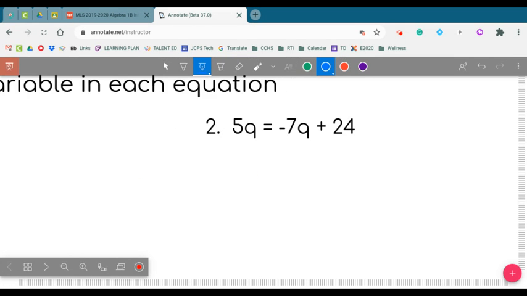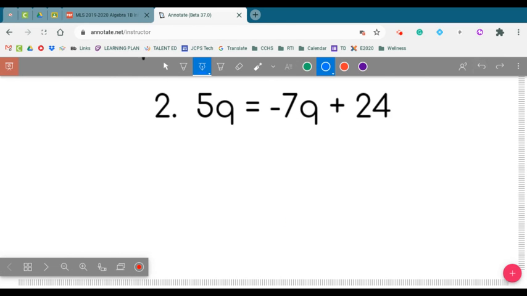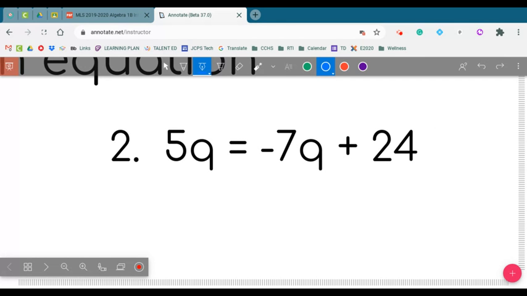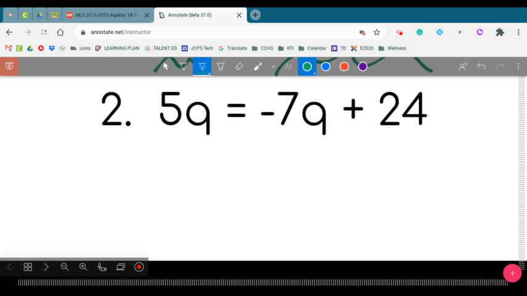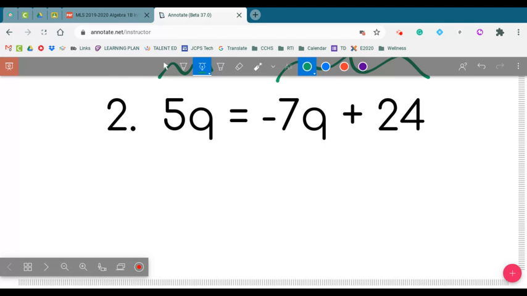Okay, second one. I have 5q equals negative 7q plus 24. No parentheses, so you don't have to distribute. Can't combine like terms on this side, can't combine like terms on this side. So I need to next move my variable to the left side. I have variables on both sides. I have 5q on the left, negative 7q on the right. That negative 7q, in order to move it, I have to do the opposite.